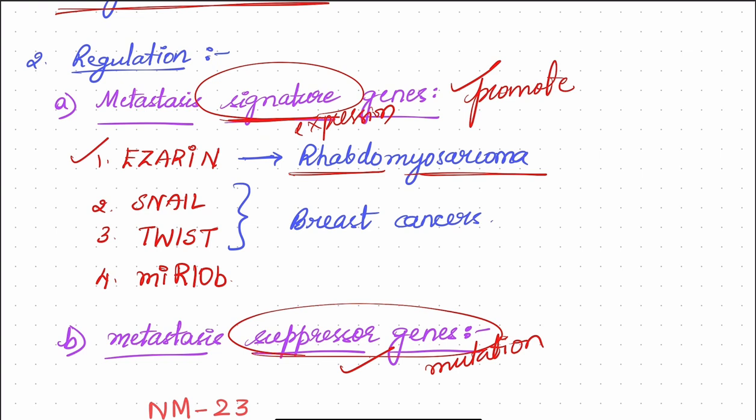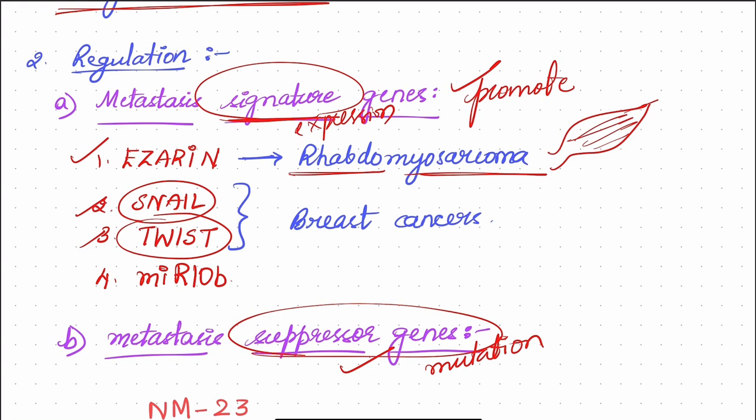Rhabdomyosarcoma is a malignant tumor of skeletal muscle. Particularly Snail and Twist, these two are important in breast cancer, and there's another gene, Myr10B.